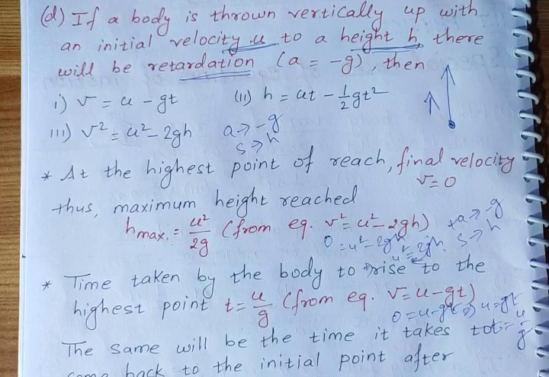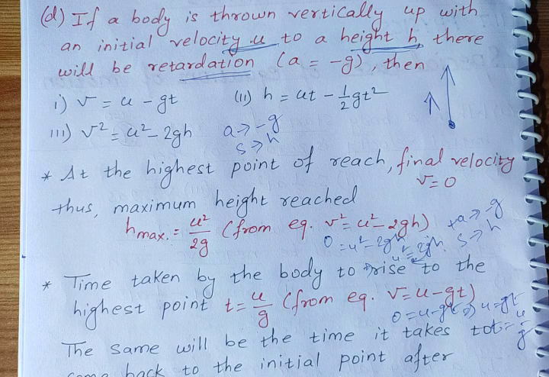Once again, what are the equations of motion? First equation of motion is v is equal to u plus at. U is initial velocity, V is final velocity, A is acceleration, S is displacement, T is time. Second equation of motion is S is equal to ut plus half at square.